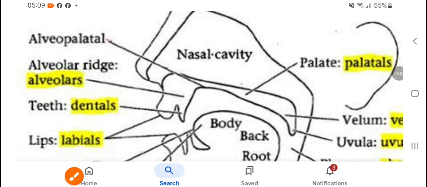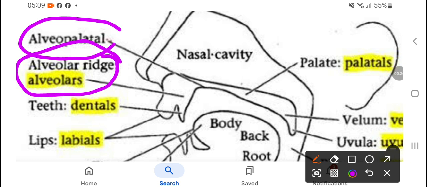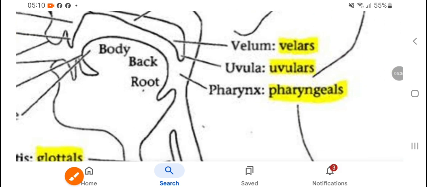Now when you touch your upper part, the hard palate, you feel there is a kind of part in the front, in the teeth ridge, which is called the alveolar ridge or alveolus, right? Then behind this is the alveopalatal. Why? Because of the soft palate, hard palate. So there's the palatal, alveolar palate. So this way you can remember.